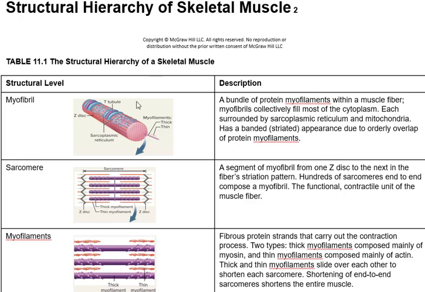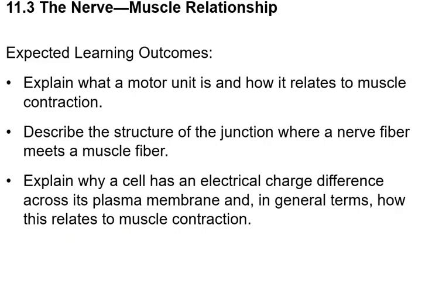Each myofibril can be broken up into a succession of sarcomeres, all the way down there. And then if you look at the sarcomere, which goes from Z-line or Z-disc to Z-disc, then within that you have the myofilaments, not to be confused with the myofibrils. And the myofilaments are actin and myosin and tropomyosin, troponin, dystrophin.